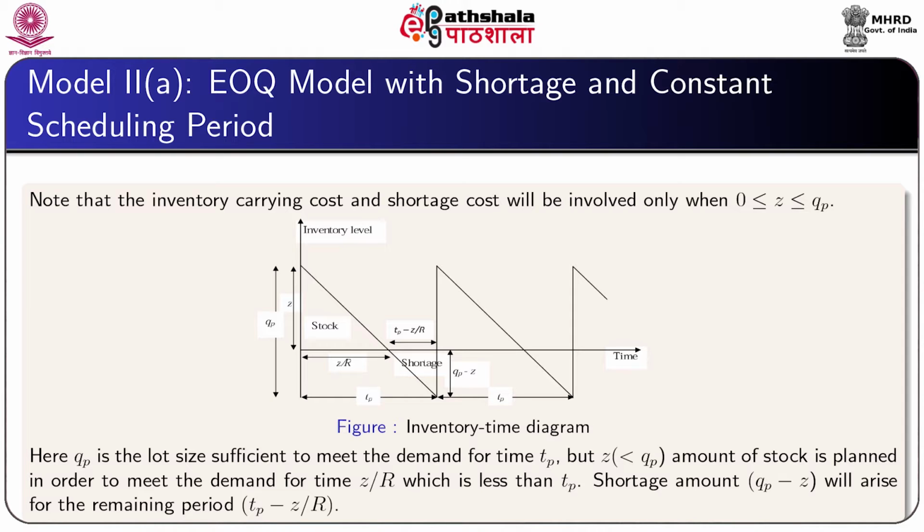Shortage amount Qp minus Z will arise for the remaining period Tp minus Z by R.